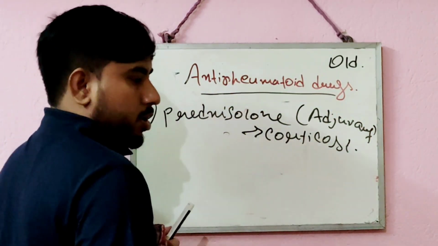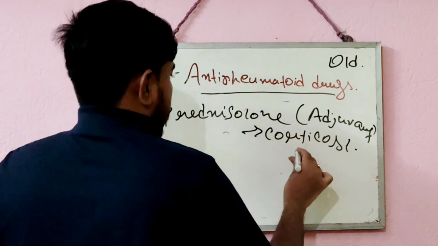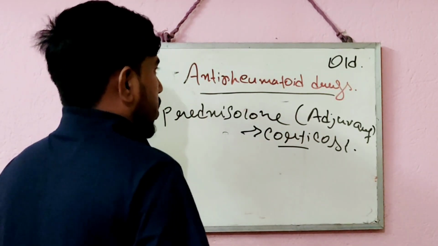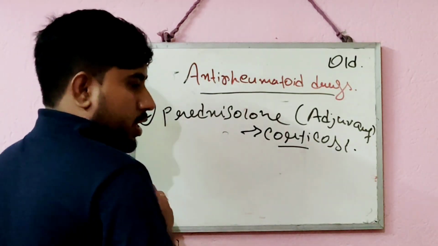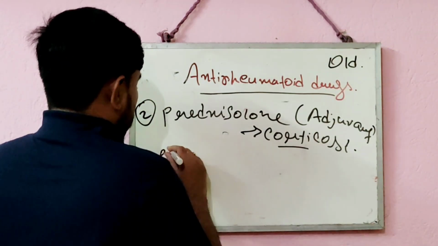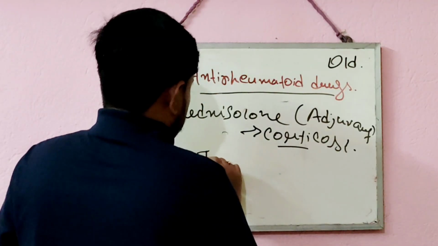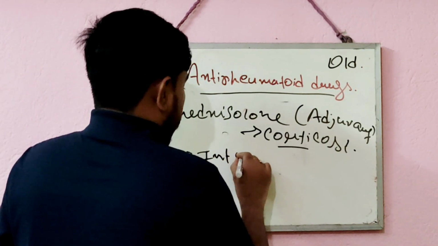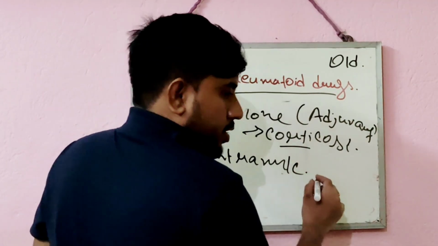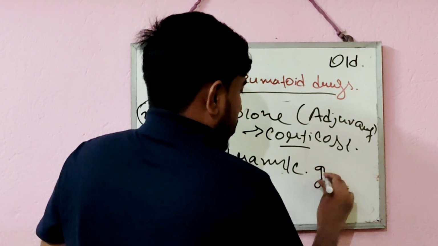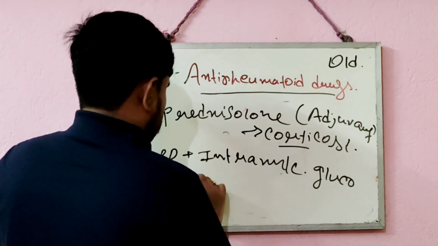In classification I have already told you prednisolone comes under adjuvant drugs and under the classification of corticosteroid anti-rheumatoid drugs. How does it show its action? It shows its action by binding with, or forming a complex with, intracellular glucocorticoid receptors.